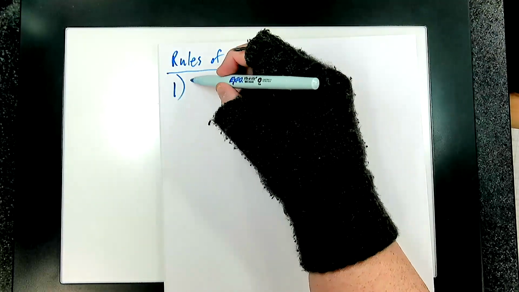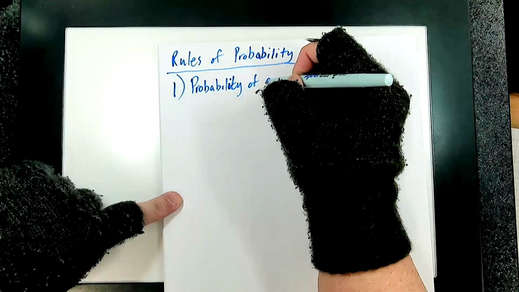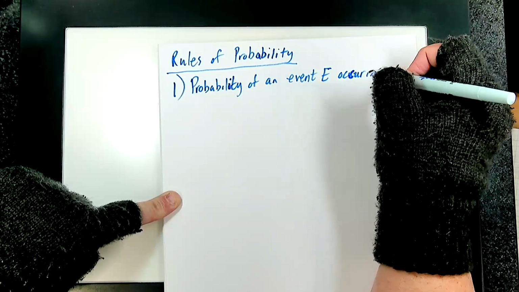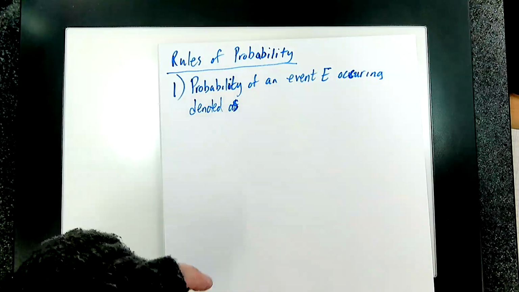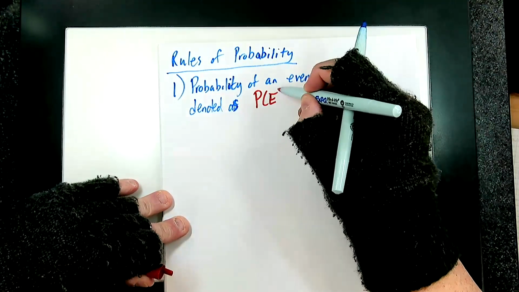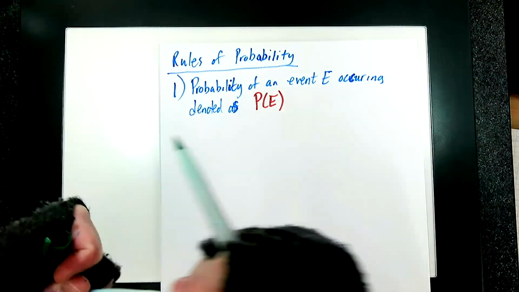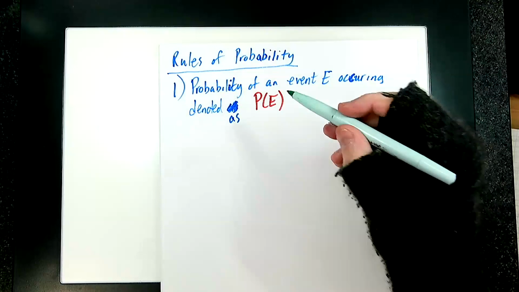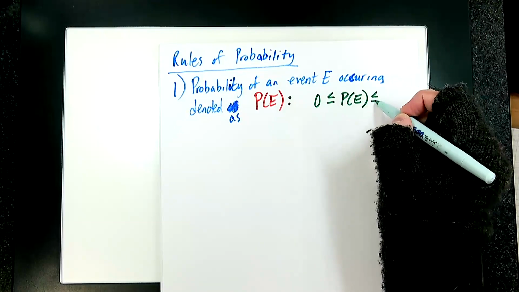Rule number one, the probability of an event E occurring, and we will denote this as P of E, follows the following rule. 0 is less than or equal to the probability of E, which is less than or equal to 1.